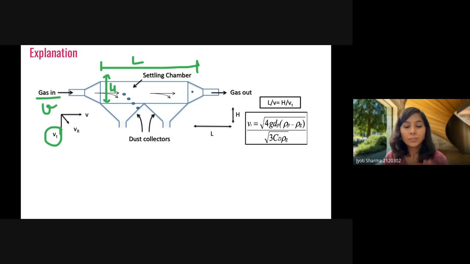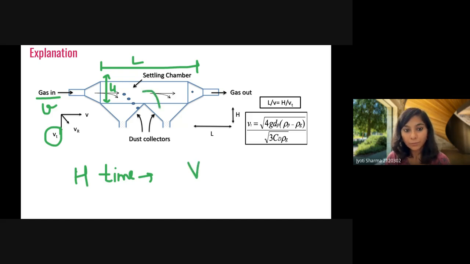Okay, so just keep in mind that we have two types of time. If we are talking about time, then you tell me the time to travel horizontally and the time to travel vertically.